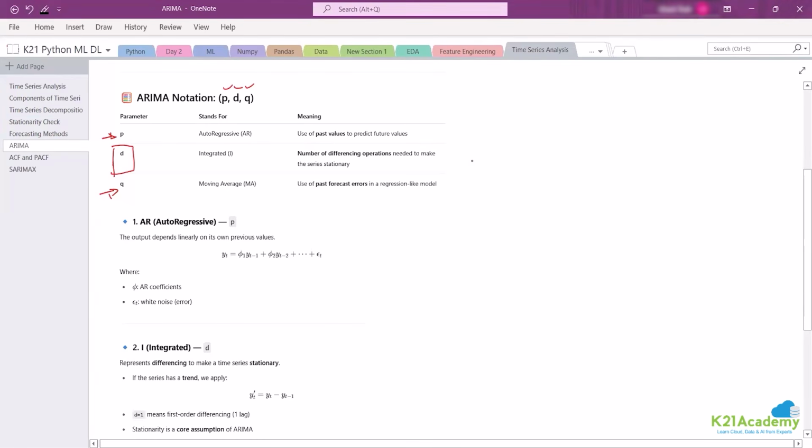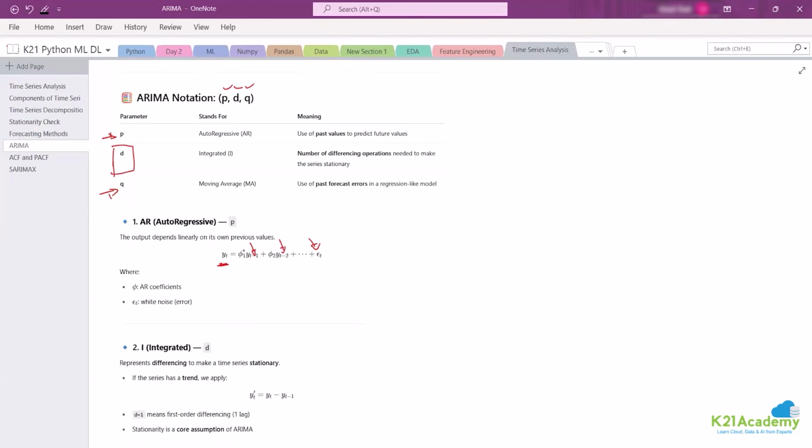As I told you, the current value of y depends upon its own previous values: the first previous value, second previous value, third previous value. This is the autoregression equation. Here we require the value of p, which tells us how many previous values we consider for the current value.